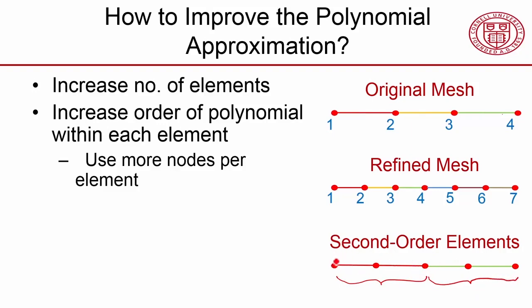And each element has 3 nodes, 1, 2, 3, as opposed to here where each element has only 2 nodes. And when I have 3 nodes, I can write a quadratic interpolation between these 3 values, as opposed to here where I can only write a linear approximation, connecting 2 values. And we'll see the effect of going to the second order polynomial.